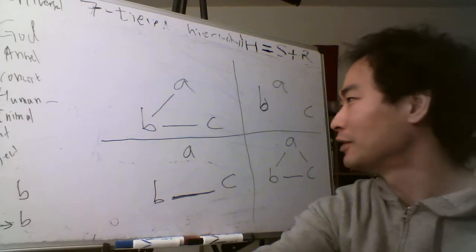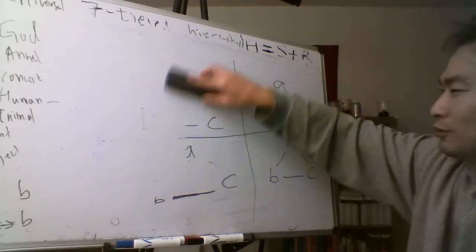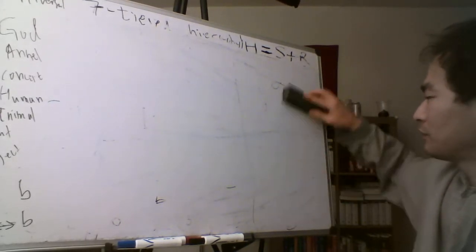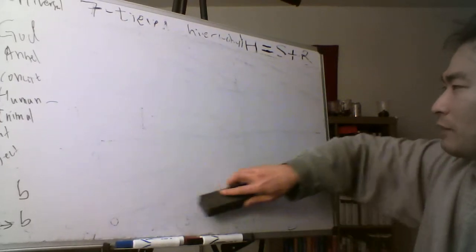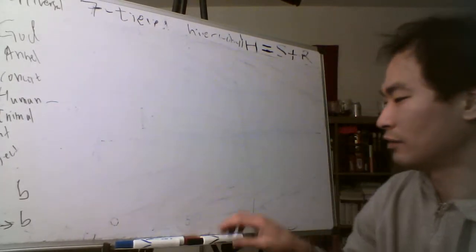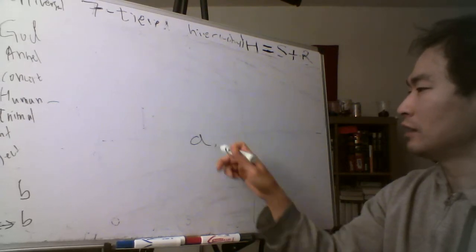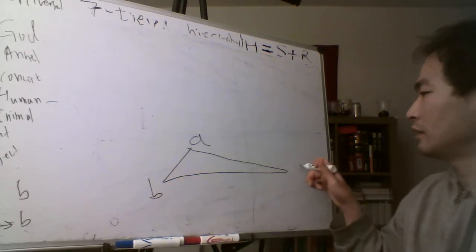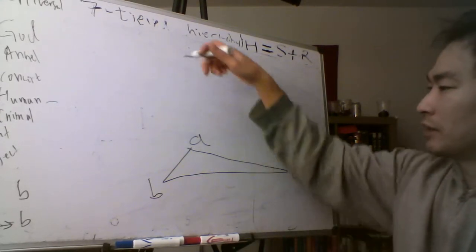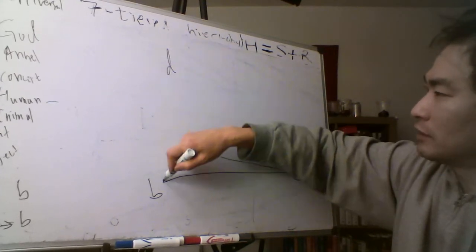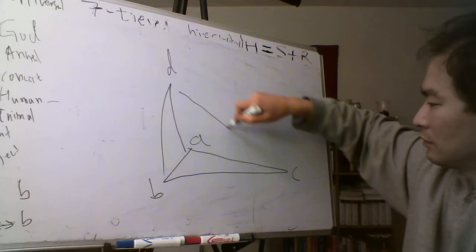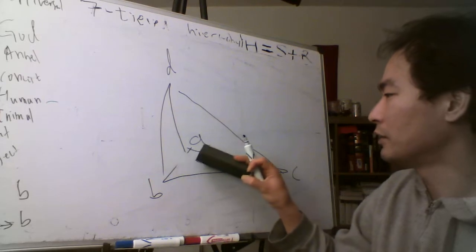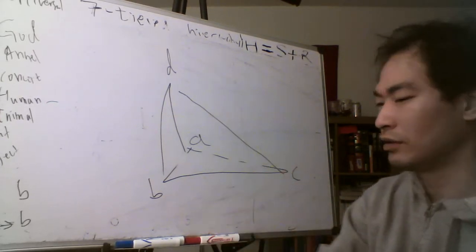How about 4 people? Let's try 4 people. Maybe we should go to three-dimensional space, X, Y, Z axis, kind of pyramidal stuff. You have A, B, C. Let's say we are building a pyramid, a three-dimensional object, like a crystal.